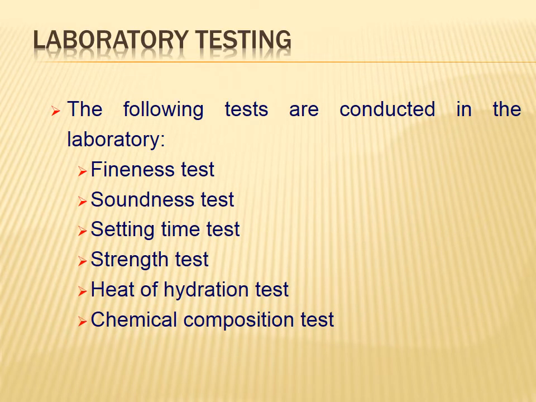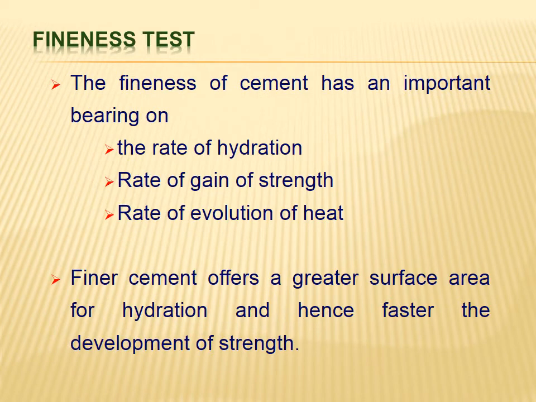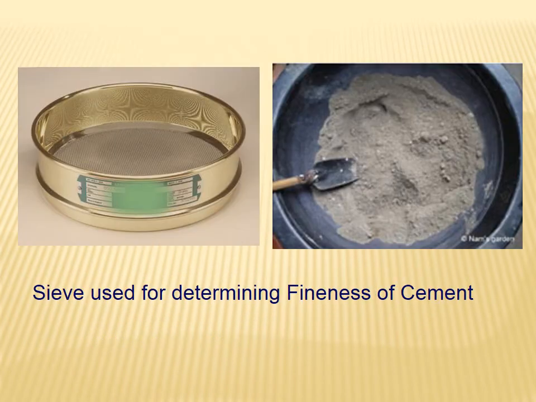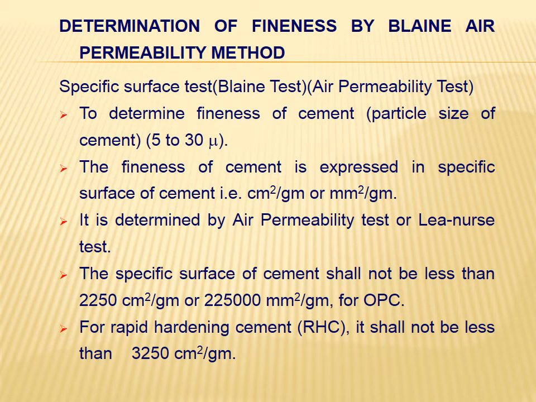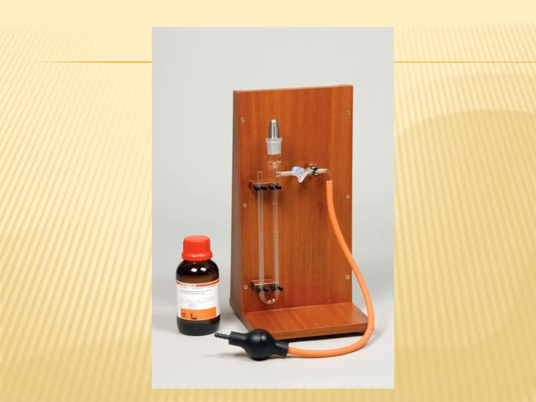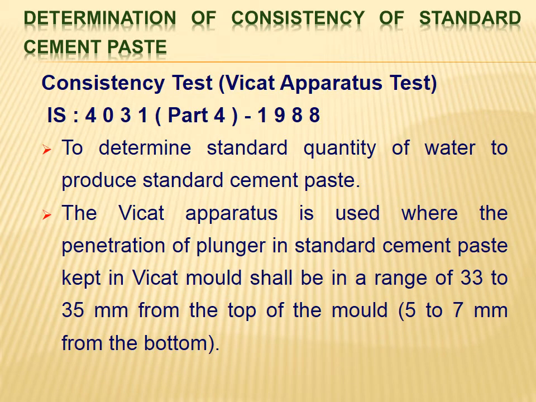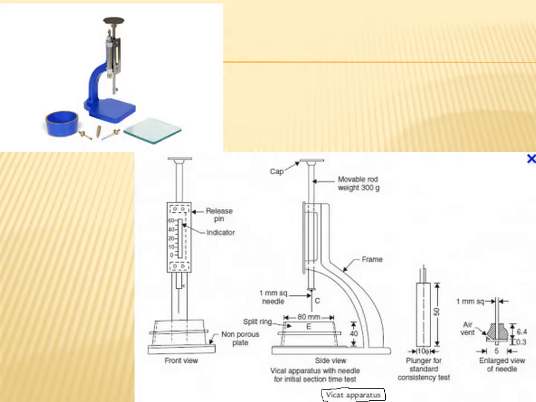Then the laboratory tests: sieve analysis, and Blaine's air permeability apparatus also can be used to determine the fineness. This is the air permeability apparatus. Then consistency using Vicat's apparatus.